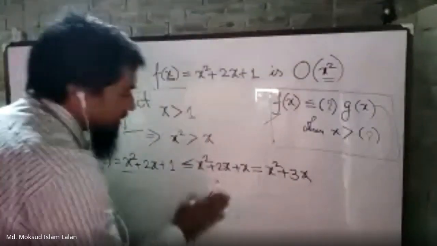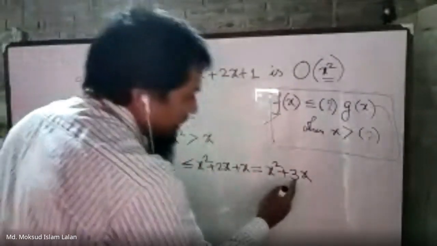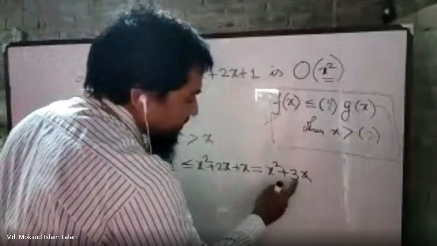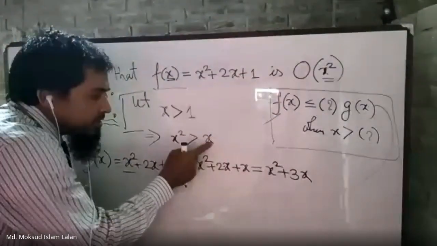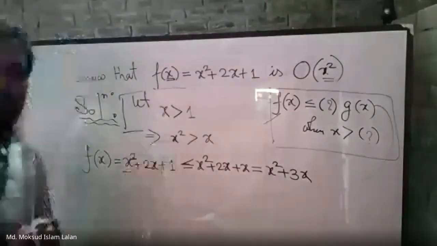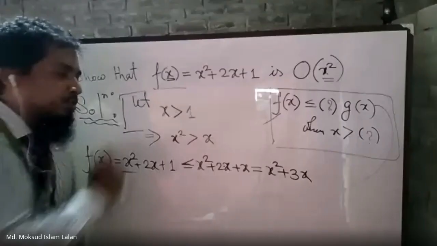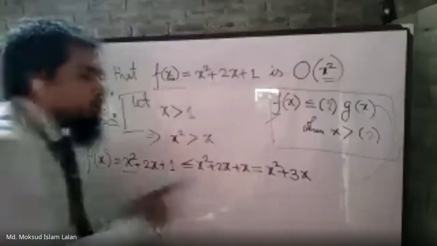Now coming to the next point. Here there is a x, thrice x. You have represented that x is greater than x square, right? X is greater than x square. So if you want to substitute this x by x square, what should we write? 4x square.